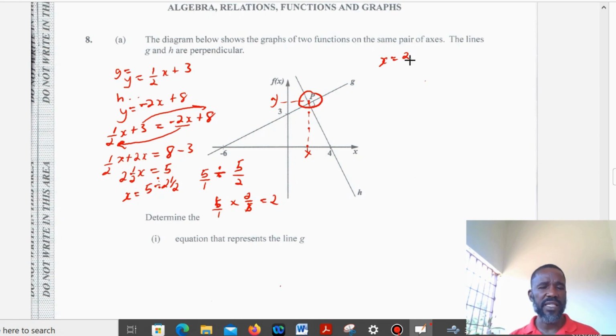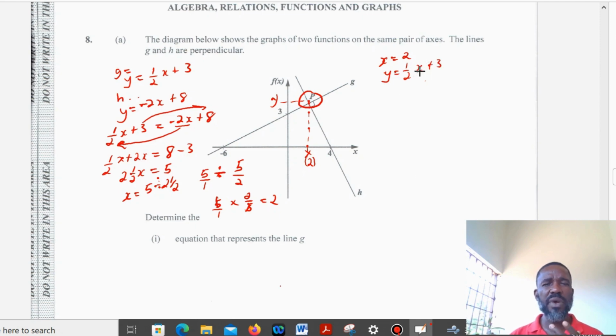So now we know that x is equal to 2, but we would like to know what y is equal to, because we want to find the coordinates. So what is the y value? In order for us to get the y value, we are going to choose any one of the equations. So let us choose the equation of g, which says half x plus 3.